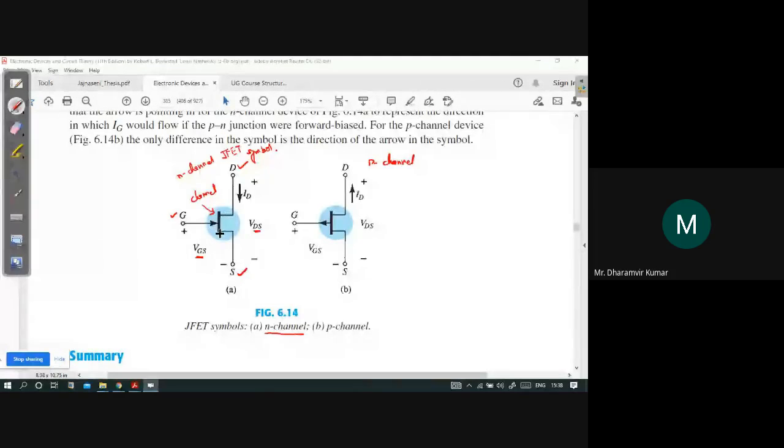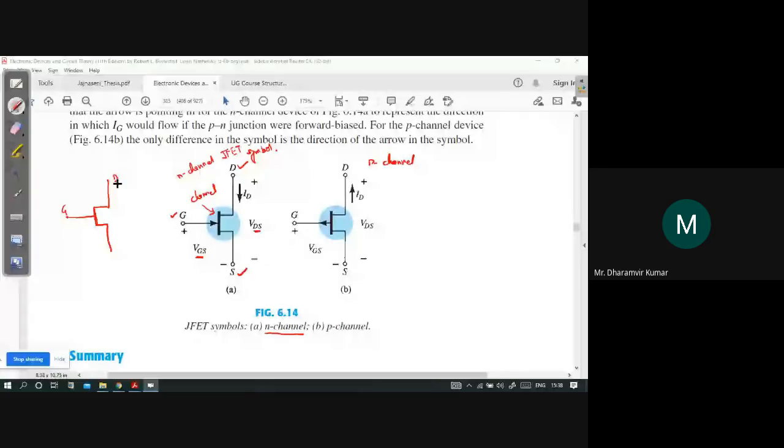Now sometimes you will also see this kind of symbol. So it is understood that this is gate. The middle terminal is always gate. So this may be drain or source, whatever. This may be source or drain.